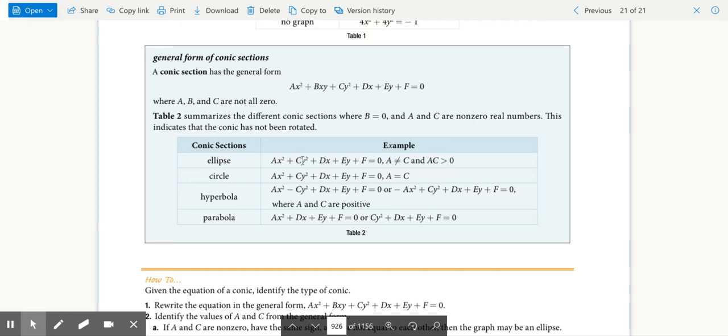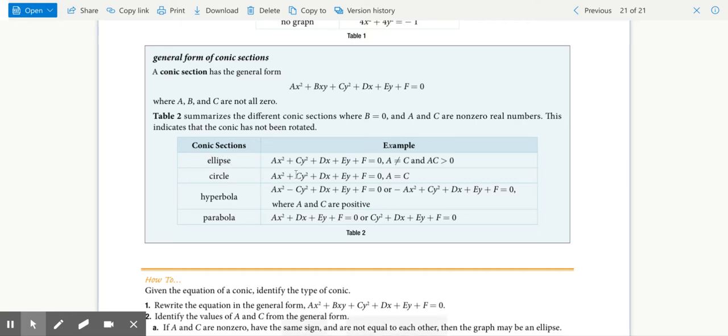That's what it means by a times c being greater than 0. If I multiply two positives together, I get a positive. If I multiply two negatives together, I get a positive. So they can either both be positive or both be negative, and they have to be different. That makes them an ellipse.